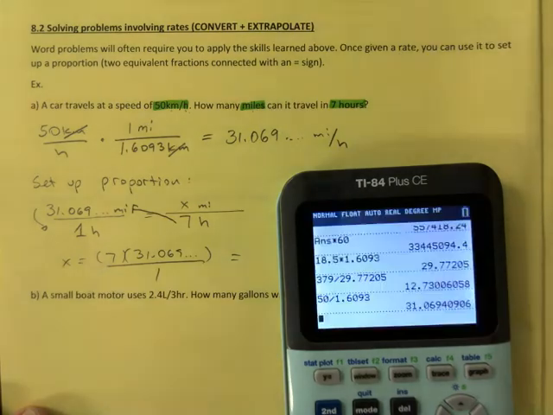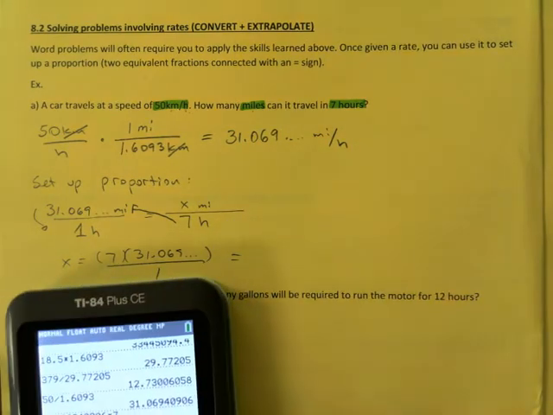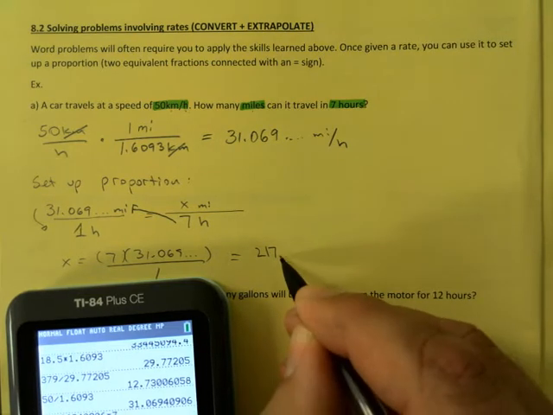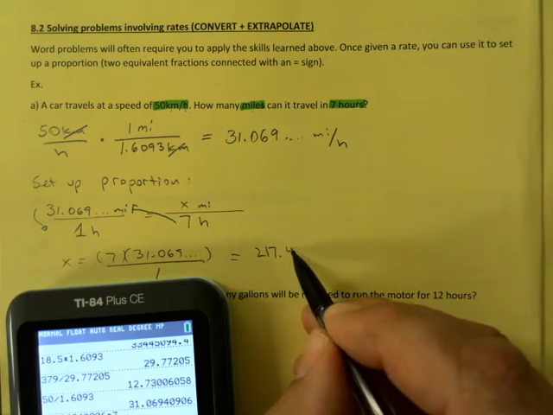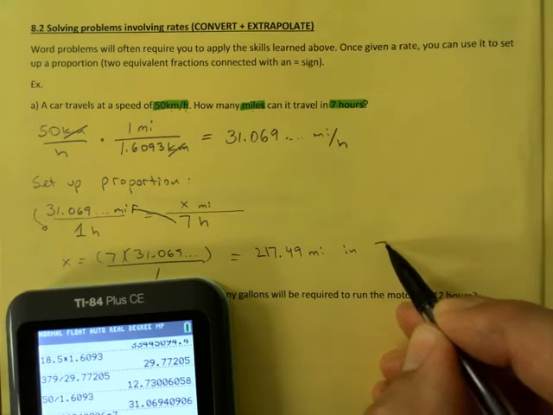So that's just times 7. Previous answer times 7. So that's 217.49 miles in 7 hours.